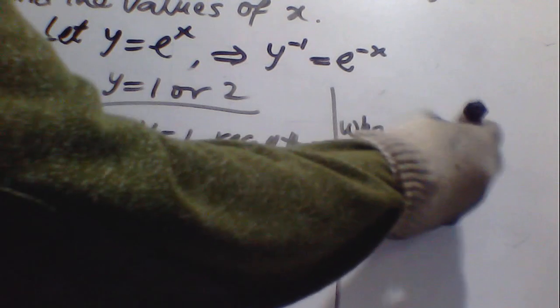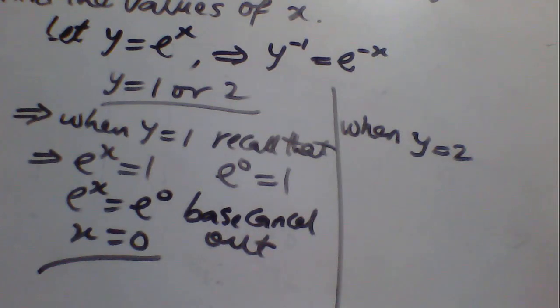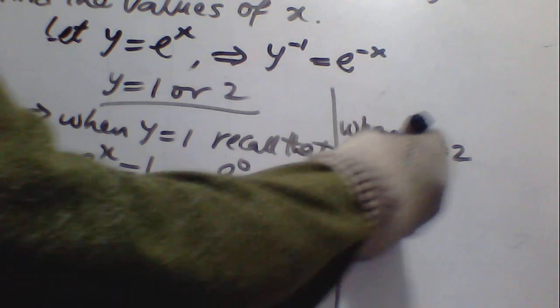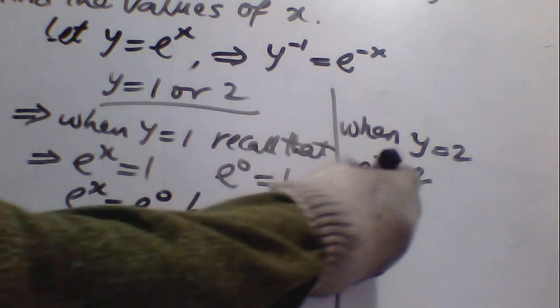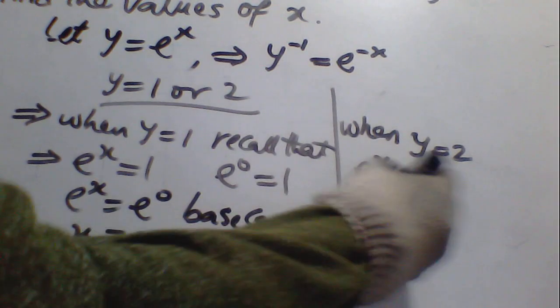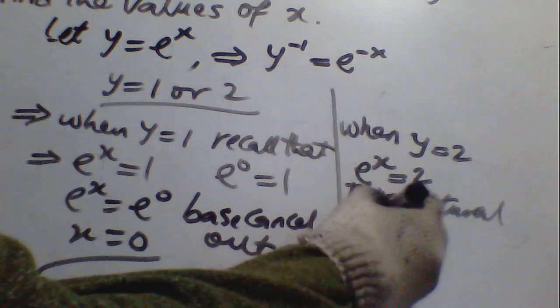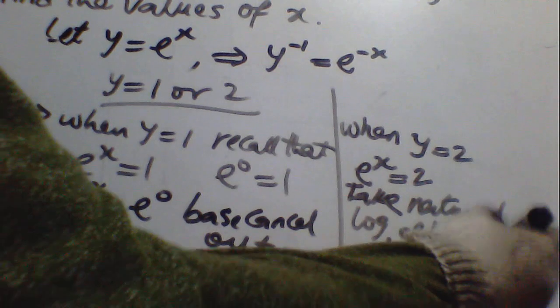So again, when y is equal to 2, you have that e raised to power x is equal to 2. So you take natural logarithm of both sides of the equation.